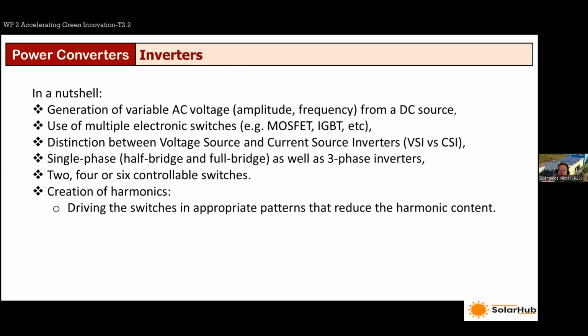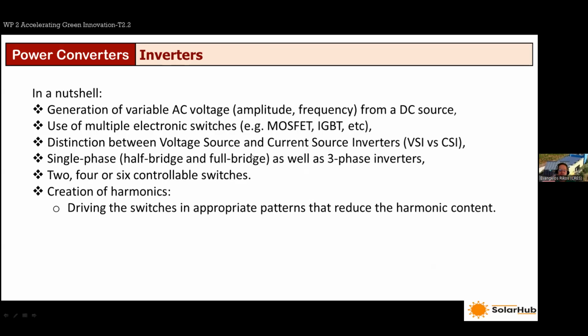Moving on then to the other important category of power converters, we have the inverters here, the ones that produce AC voltage. And they modify the amplitude and the frequency from a DC source. They do that with the use again of electronic switches like MOSFET and IGBT transistors.